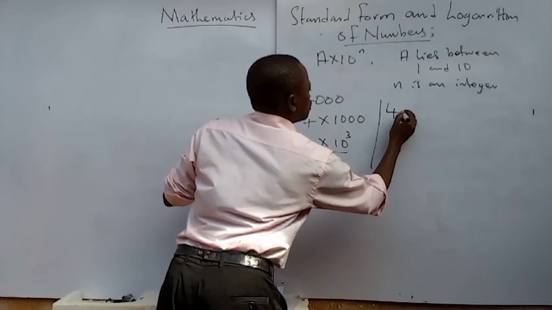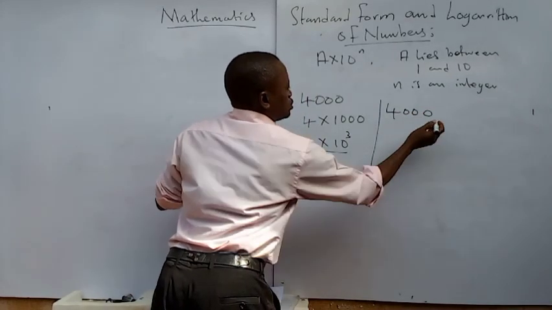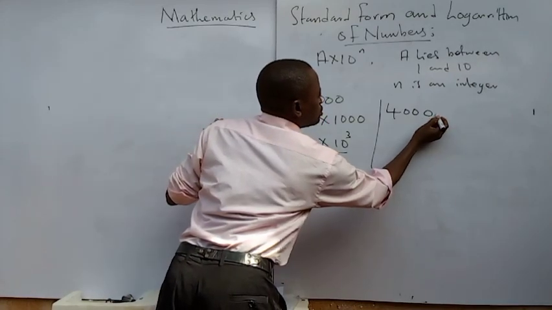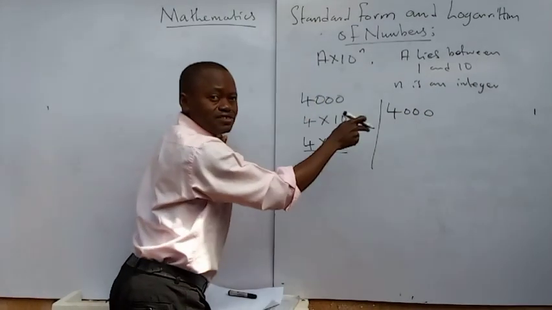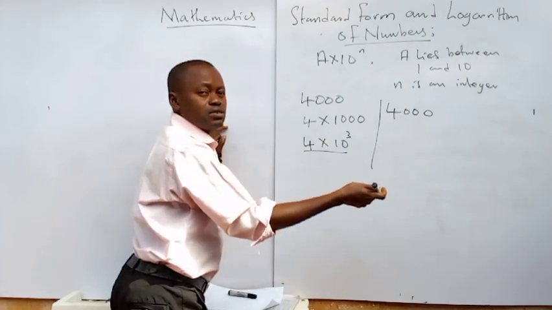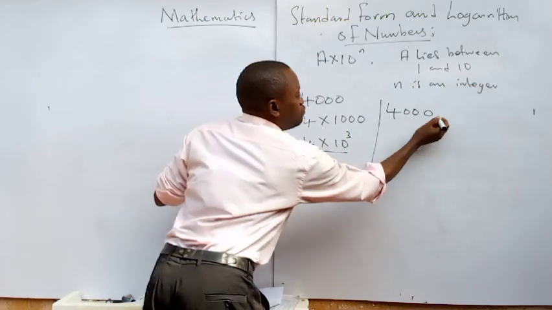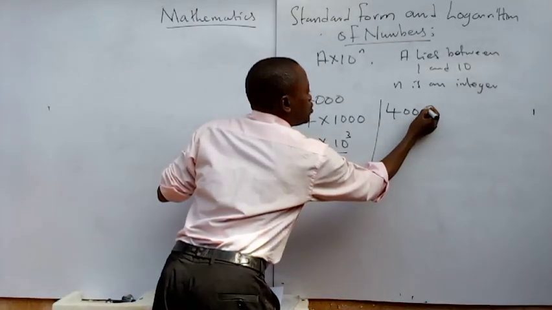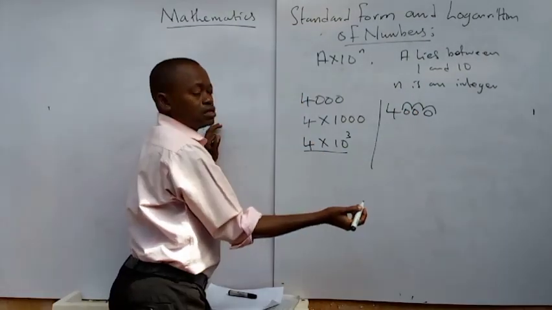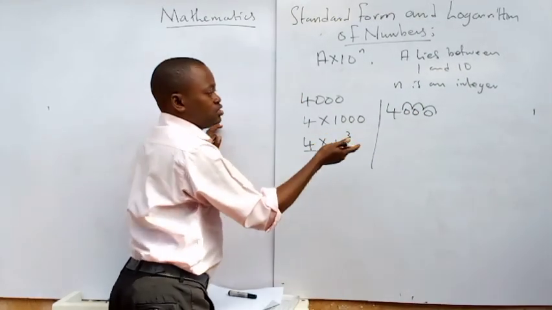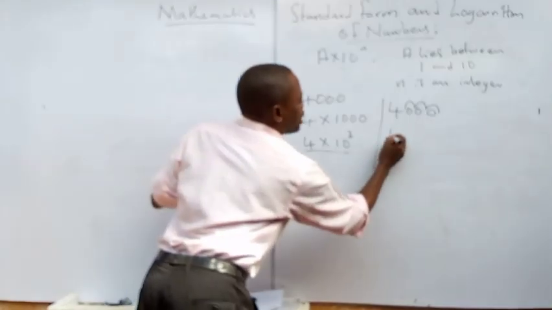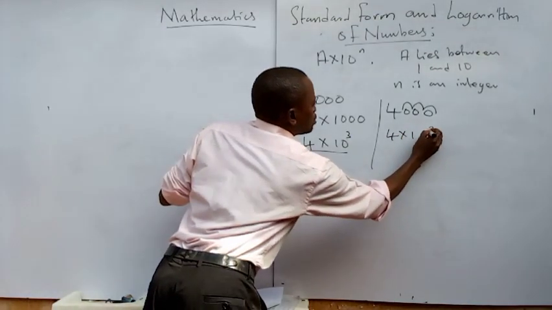Alternatively, if you have a number that is greater than 1, like this 4,000, the decimal point is here. You move the decimal point to stand before the first digit, and the number of times you moved it will be the power of 10. I moved it 1, 2, 3 times, so I can write this as 4 times 10 raised to power 3.